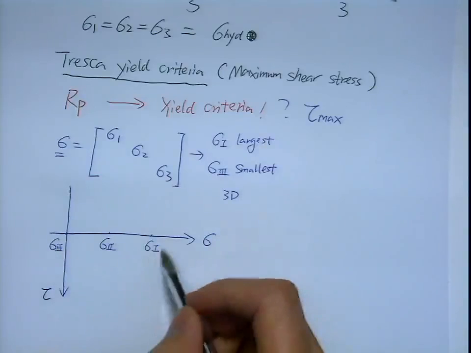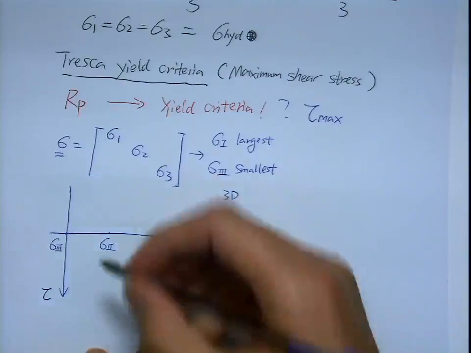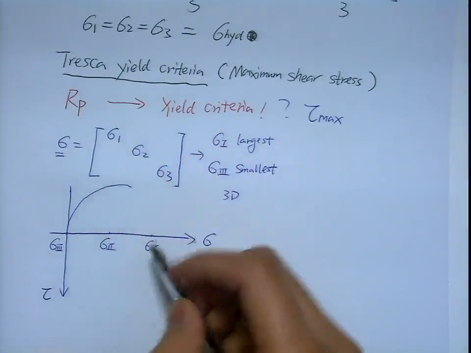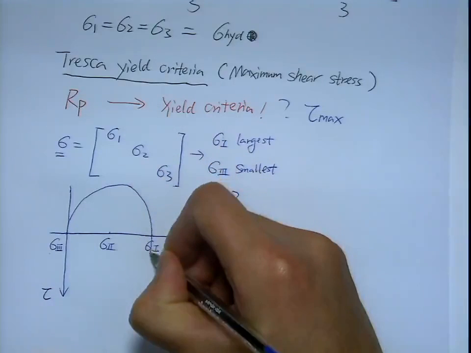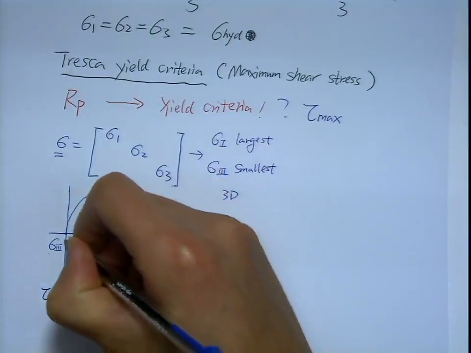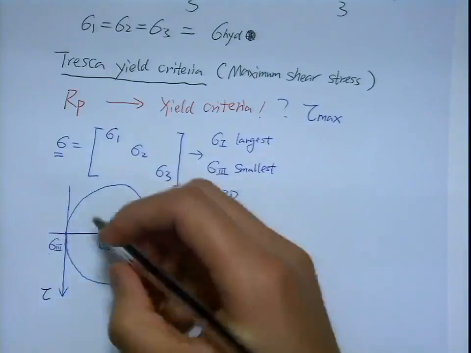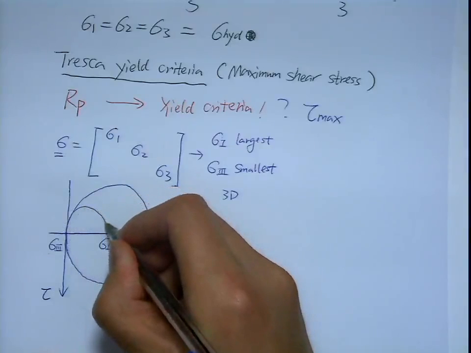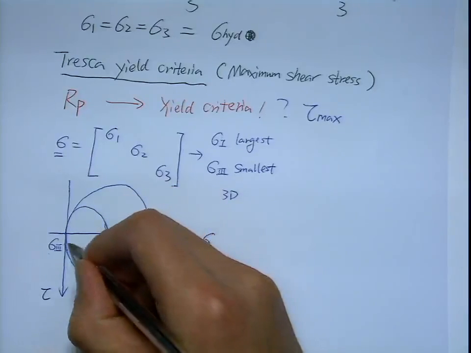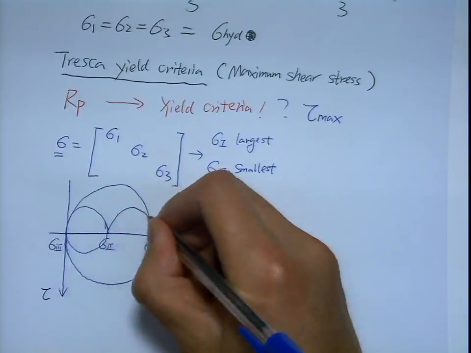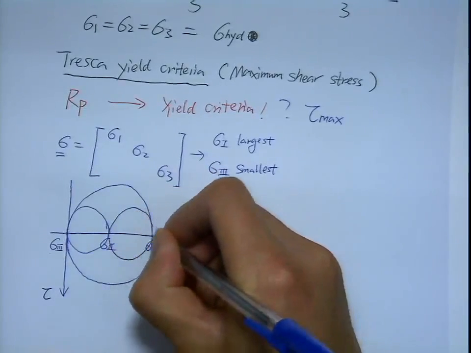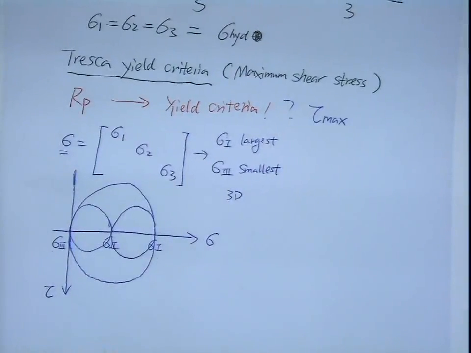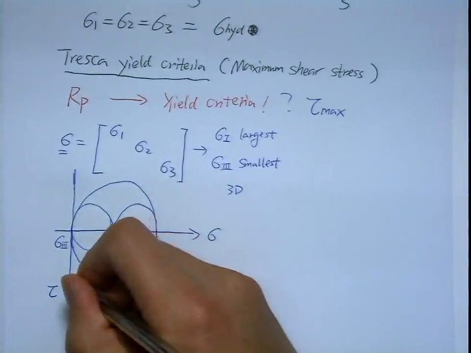If I know these principal stresses, I just need 2 points, sigma 1 and sigma 3, and this will give me this circle. And since it's a 3D problem, you need to draw another 2 circles inside this. Just to remind you, but this is not relevant to determine the maximum shear stress. So the maximum shear stress is here.